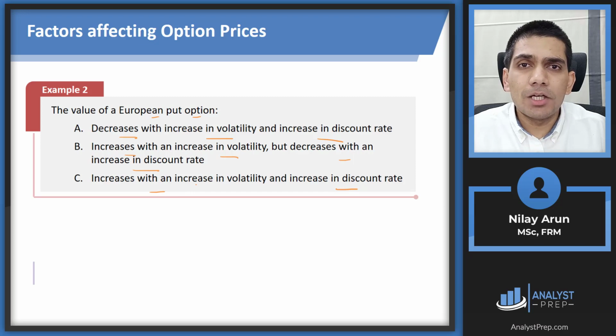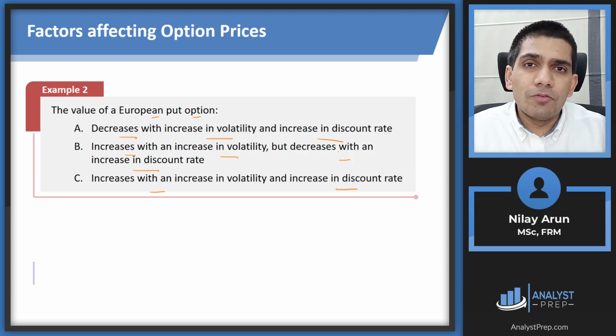Let's look at the second part to see which one is the correct answer. But decreases with an increase in discount rate, or it increases with an increase in discount rate. Now we just saw what was the relationship. So remember, when we talk about the discounting rate, the risk-free rate here, if we look at a put option, if you have to analyze the relationship of the risk-free rate with the put option, your cash inflow is getting deferred.